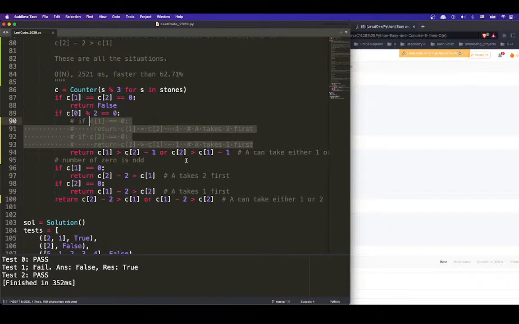But if C1 and C2 both exist, then I just want one of them to hold. Which means if C1 is equal to 0, I'll have to take C2. And if A takes C2, then A will definitely lose, right?